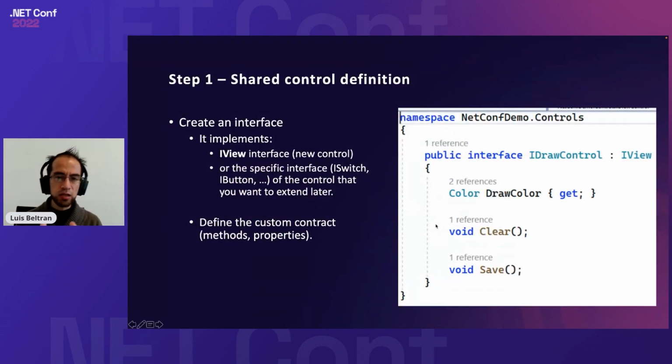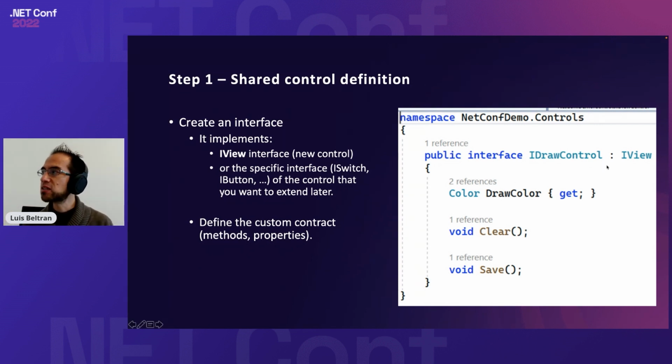So, how can we do that? There are 5 steps. The first one, again, define an interface, and this interface is a shared one. So it goes, let's say, on the main project or the main element, the main folders. So this will be known as shared control definition.